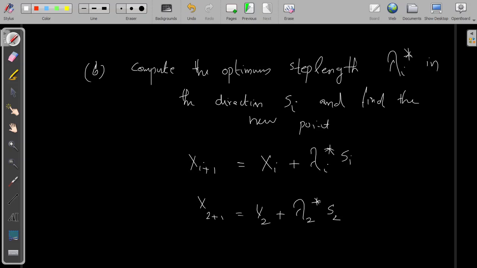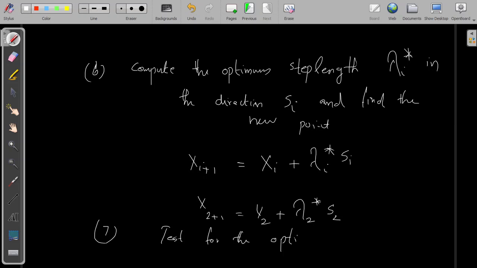Then we test the optimality for the new point, that means whether the objective function is minimized at this new point, X i plus 1.